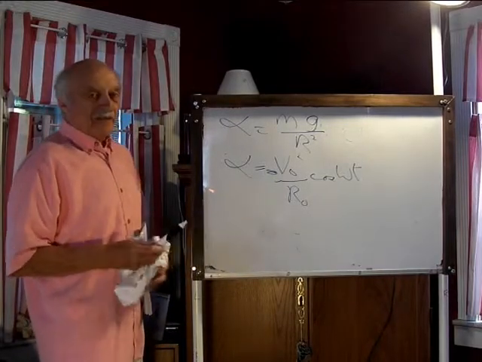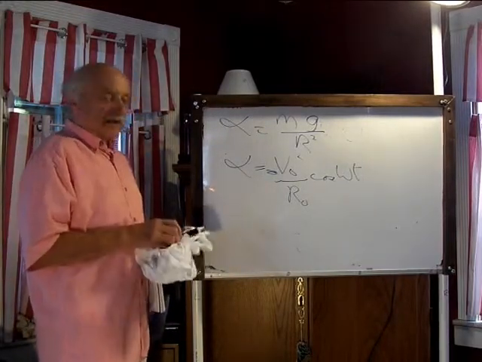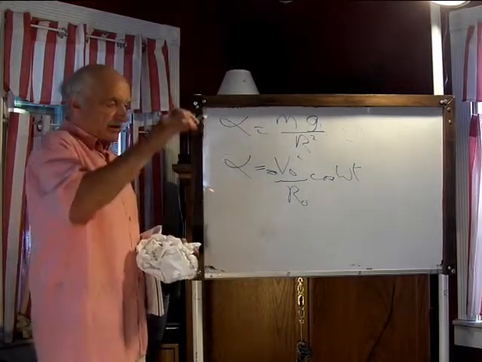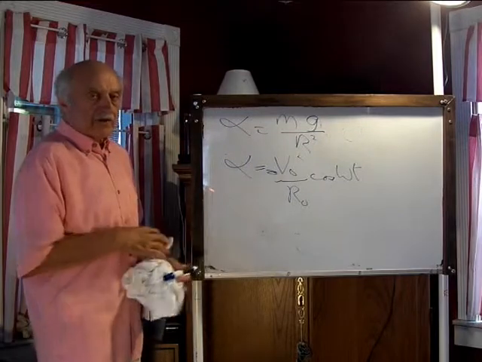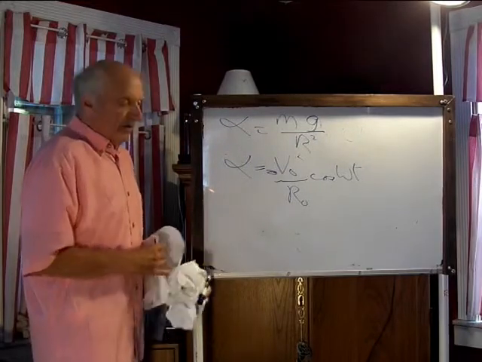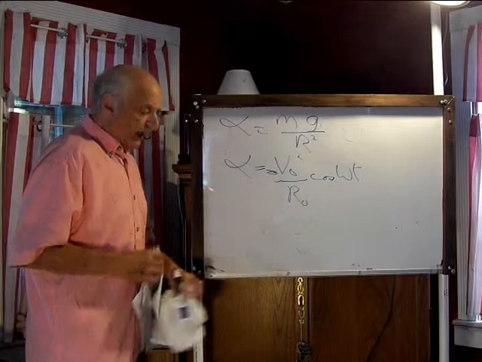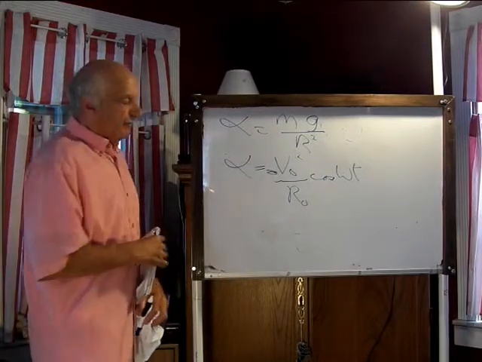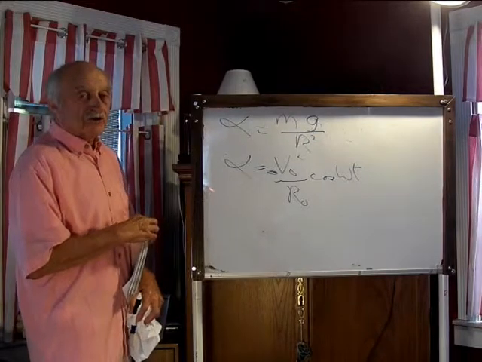So as I drop this, the acceleration gets very imperceptibly smaller because the distance between here and the center of the Earth is so similar throughout its entire trajectory that you wouldn't see any difference. But if you had something dropping from the height of the moon to the Earth, there'd be a considerable difference.